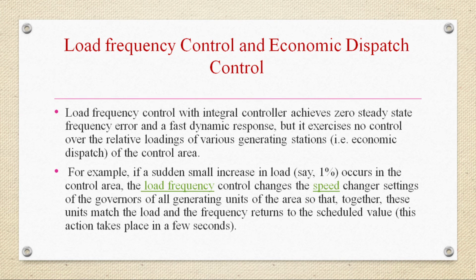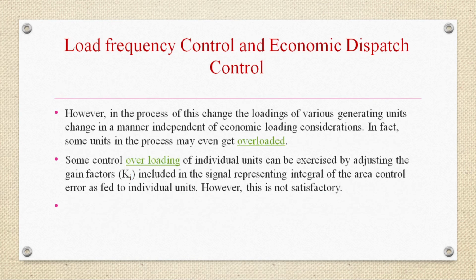So with the change in load, the frequency changes and the speed changer setting changes, and this has to match the load and the frequency. This is happening in a very small fraction of time.